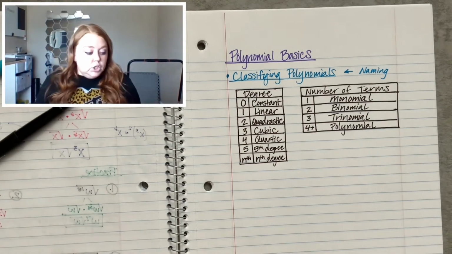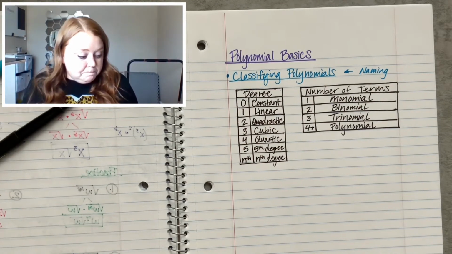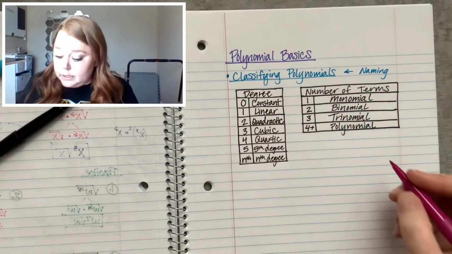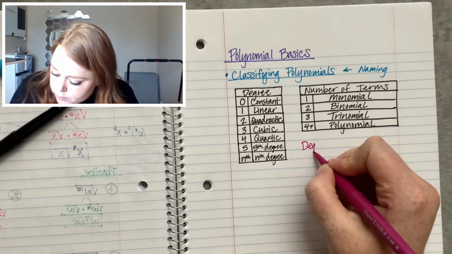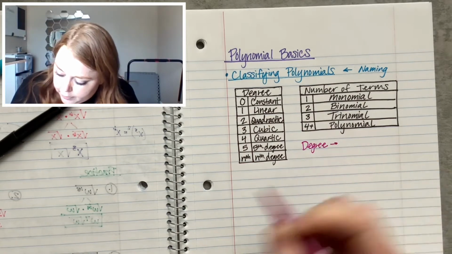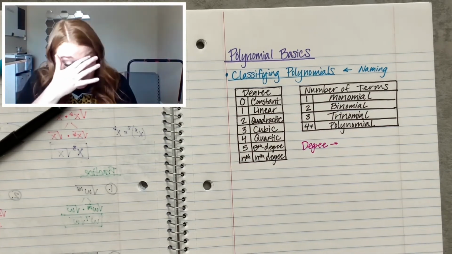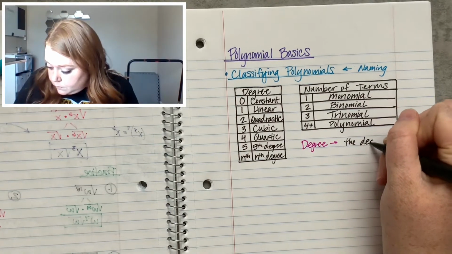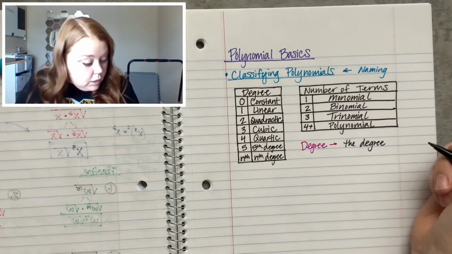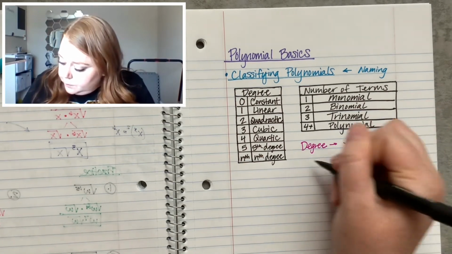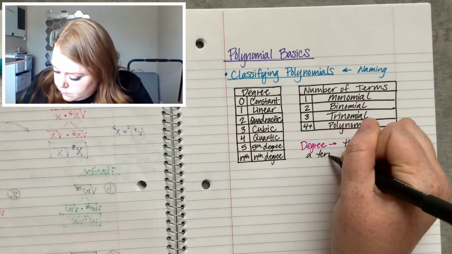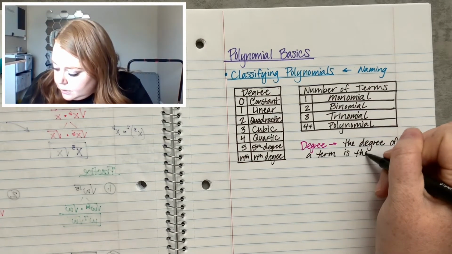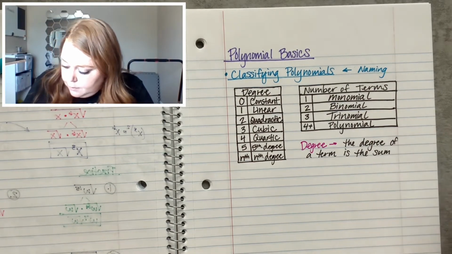Okay. So degree. We need to talk about what a degree is. So let's put some vocab right here. Degree. The degree of a term is the sum, S-U-M.